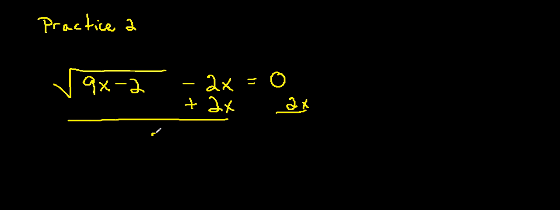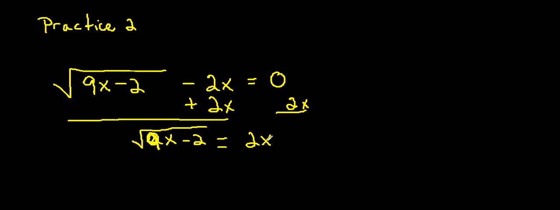So here I've got the square root of 9x minus 2 equals 2x.